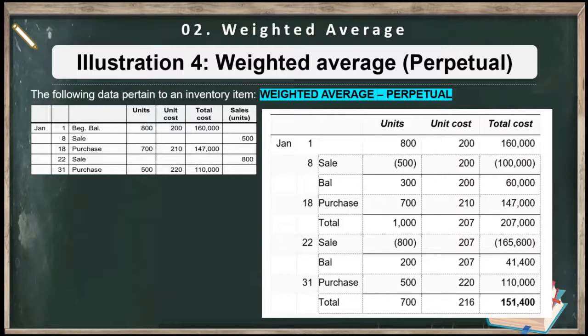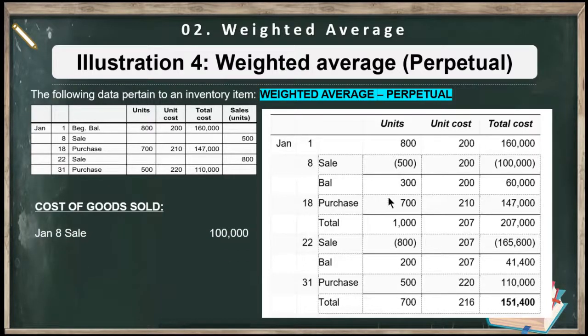So they are not the same. Unlike FIFO, whether FIFO periodic or FIFO perpetual, they will arrive at the same inventory cost. But the moving average and the weighted average periodic do not bear the same inventory cost.